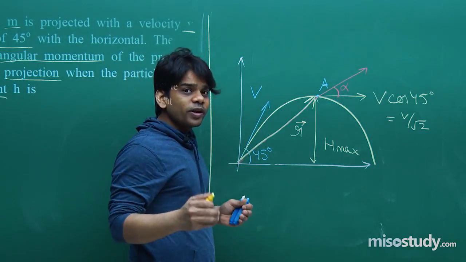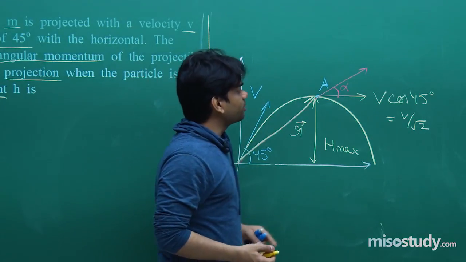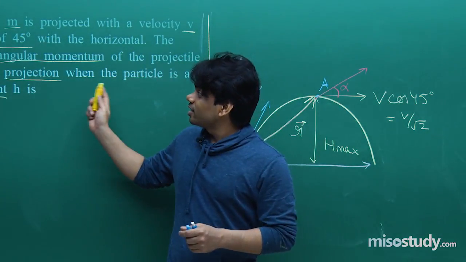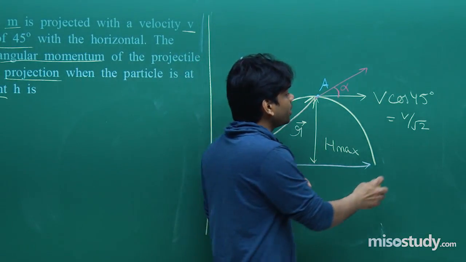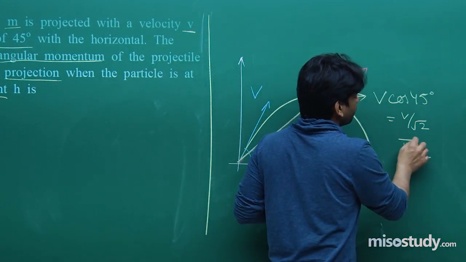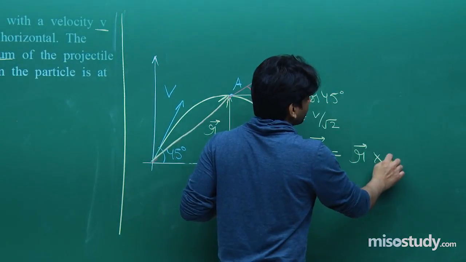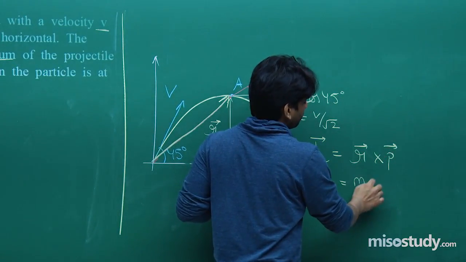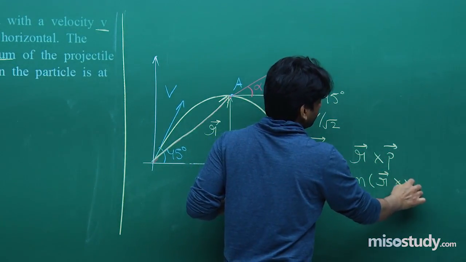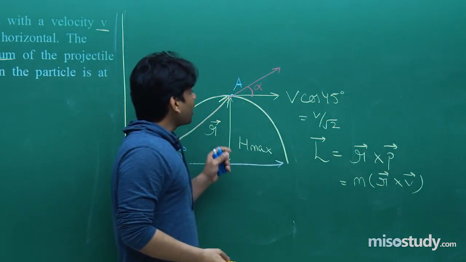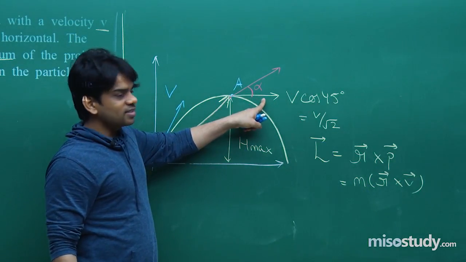Now the angular momentum of the body about the point of projection, with the body at the highest point, will be given as r cross p, that is equal to m r cross v. R cross v is r v sin alpha.